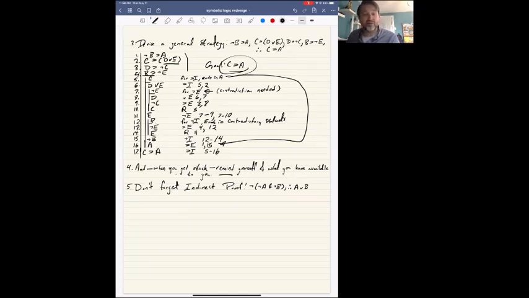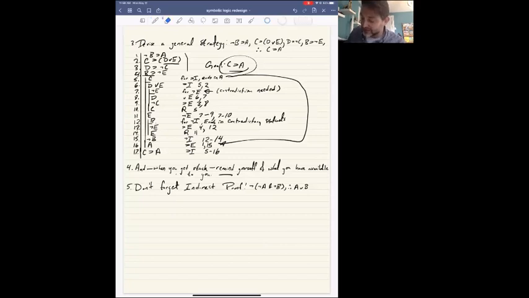In an indirect proof, what you're doing is not really showing that the thing you're aiming for is the case, but rather showing that its opposite cannot be the case. So an indirect proof is one that relies upon reductio to derive your desired conclusion by showing that the opposite of what you want leads to contradiction.